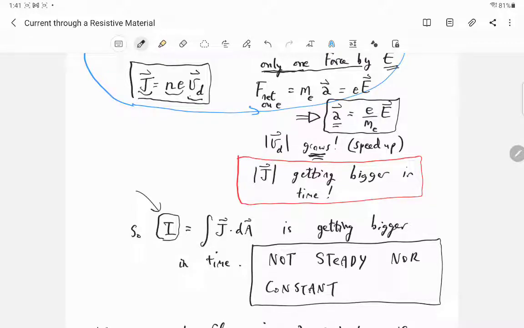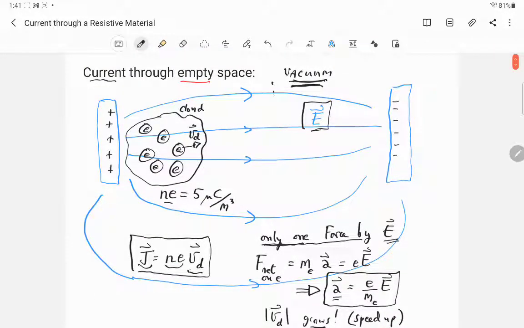So ammeters measure this. We would notice that the current is getting faster and faster and faster, if I was to measure the current of charge across this imagined boundary. We're going to watch all of these charges race across and essentially speed up.